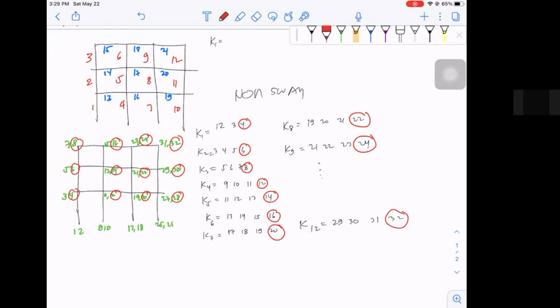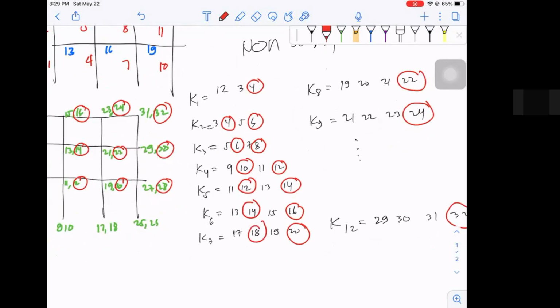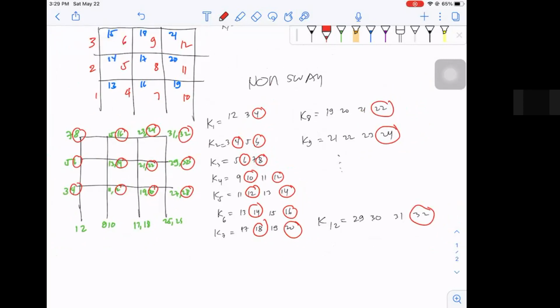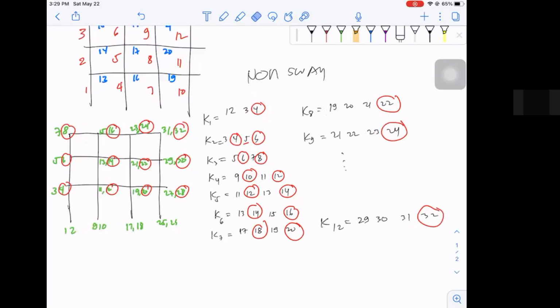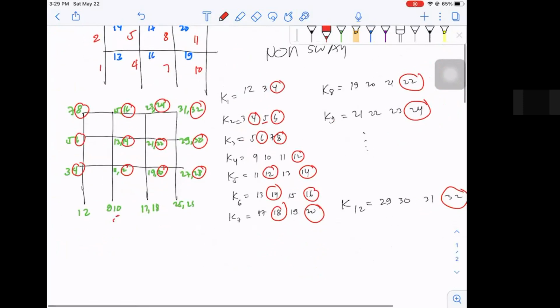So as you see, there's a trend, no? There's a pattern. Sorry, we need 4, 4, 6, 6, 8. We will not need 10 because it's a support. Next, 12, 14, 14, 16, 18.